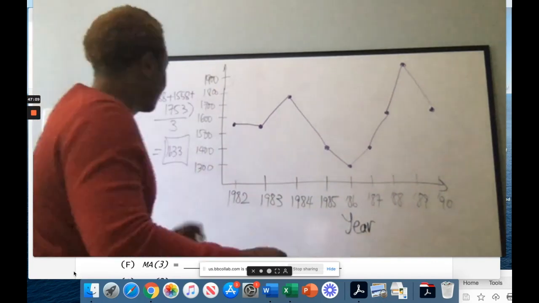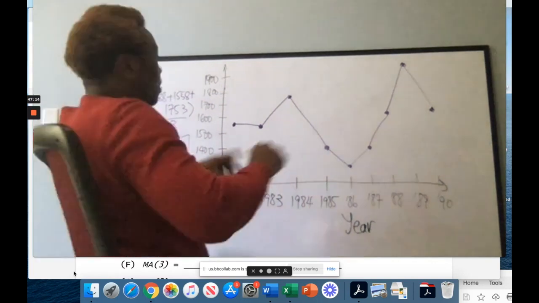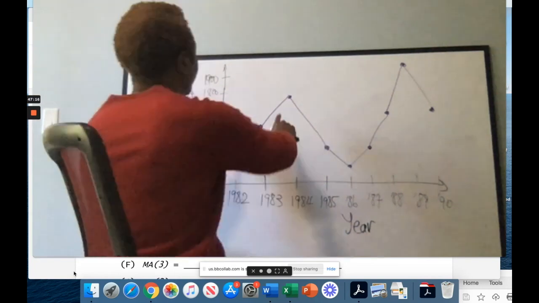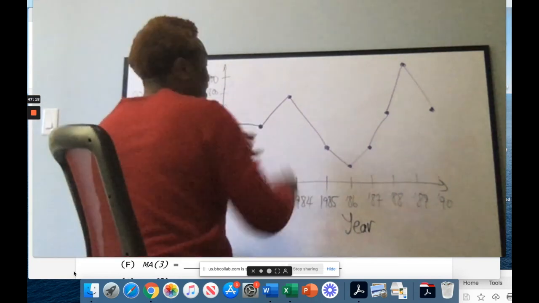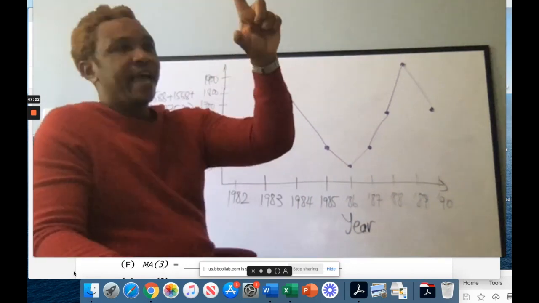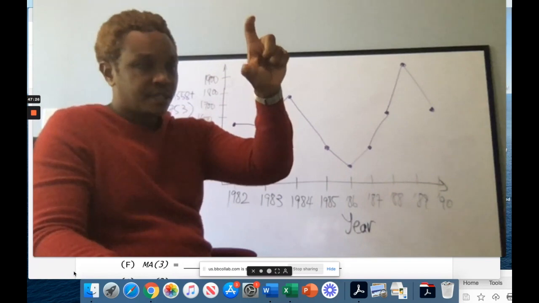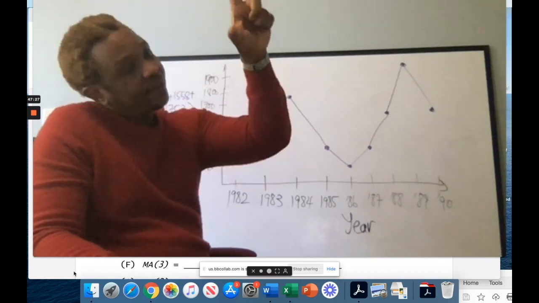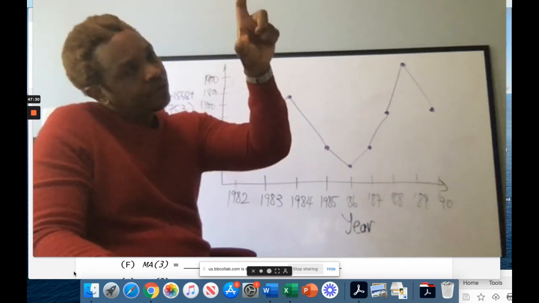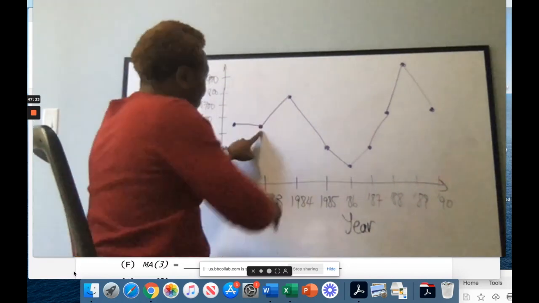Now for B on your paper, watch what I do. Here's the window of size 3. I'm going to take the same size window and shift it down 1 unit. It was right here, those first 3 points. Now shift it down 1 unit so that now I'm looking at this point and this point.